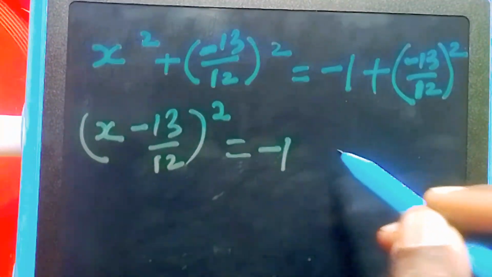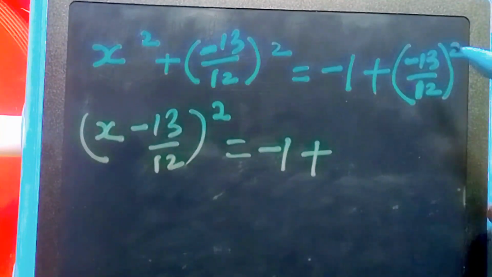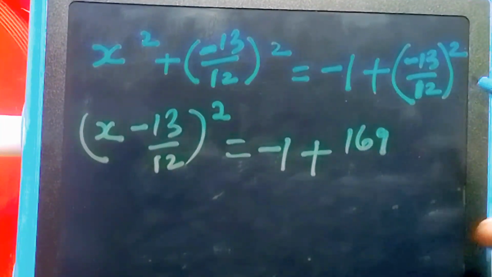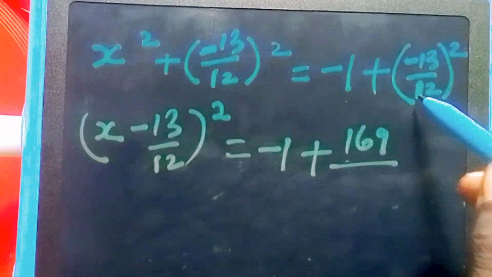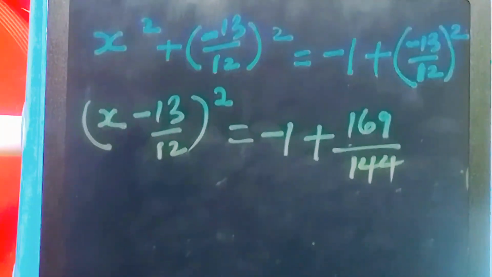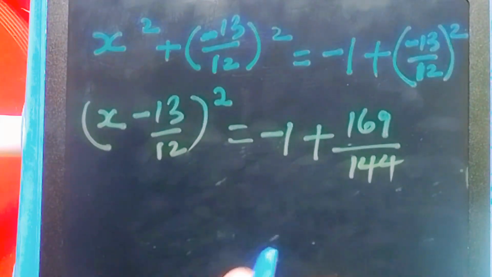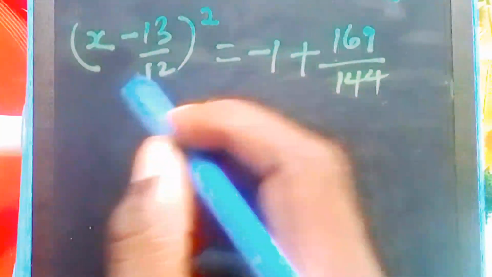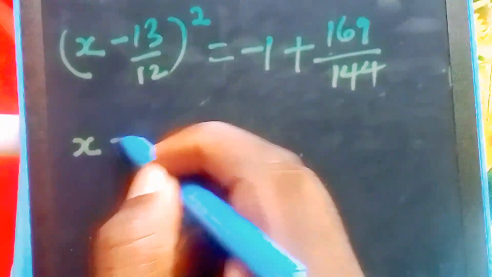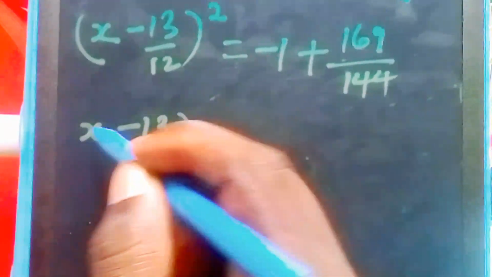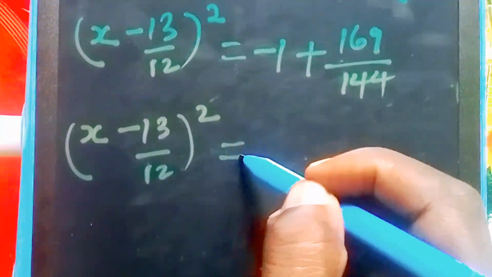So we are going to have minus 1 plus negative 13 squared, that is 169, and then 12 squared, that is 144. So if we work out this side, here we are going to have x minus 13 over 12 squared.